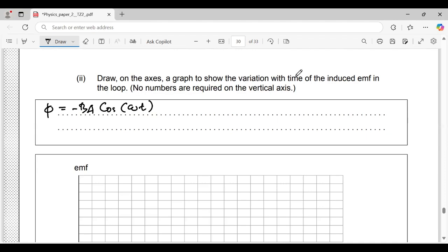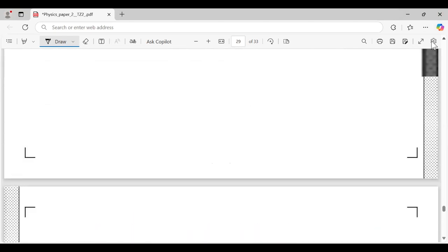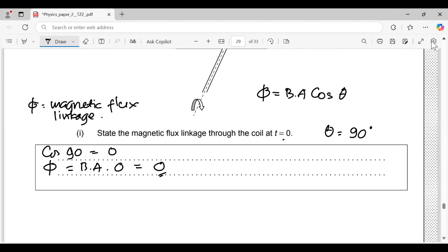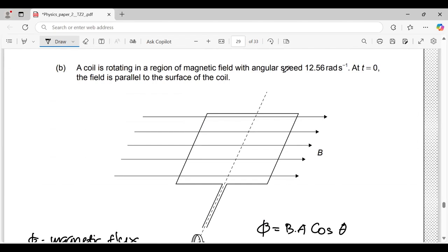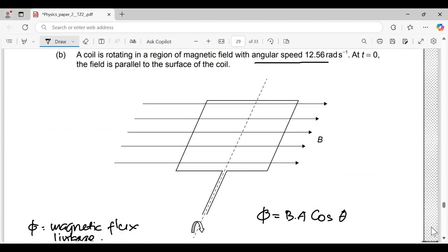Omega is the angular speed, 12.56 radian per second.